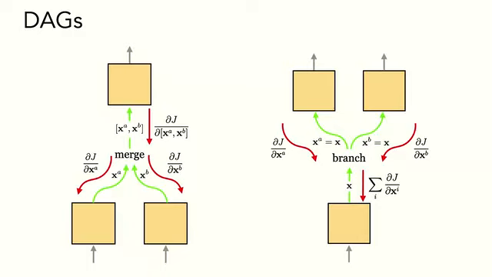Now what we're saying is that you can take everything we talked about and apply it to any structure of a DAG. Because now it's just chains where sometimes they merge and sometimes they branch, but there are really simple operations that we can use to pass the gradients through merges and branches. And that's how you expand that definition of backprop to any DAG.